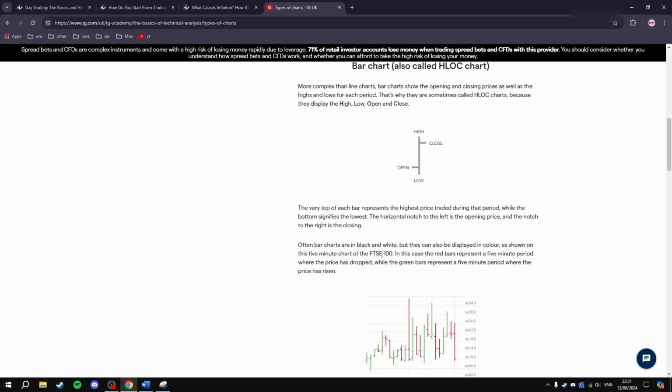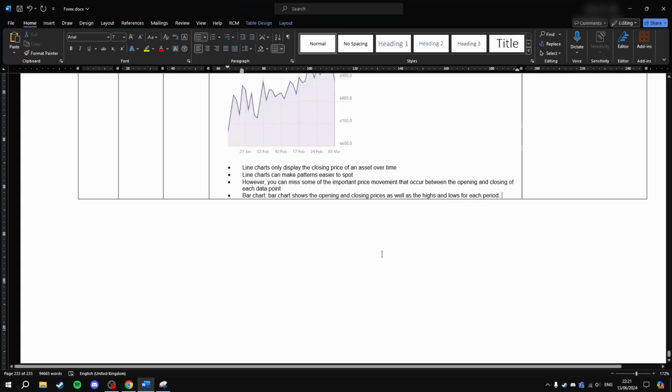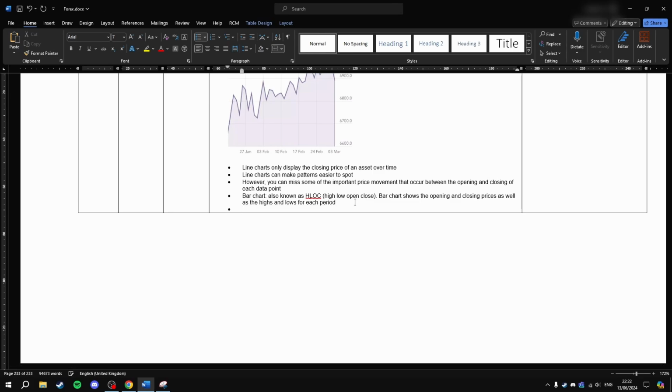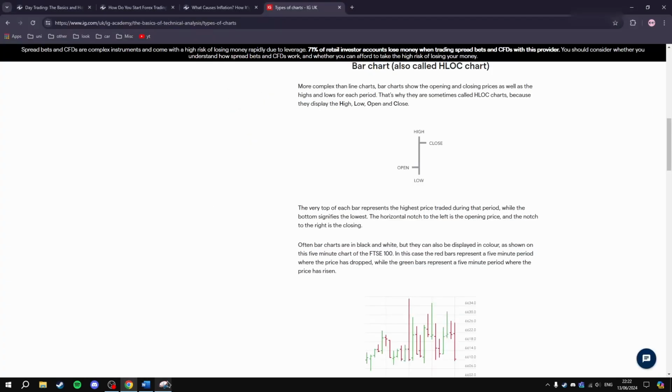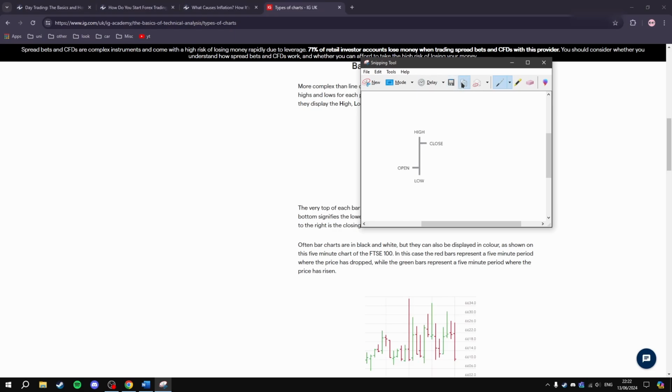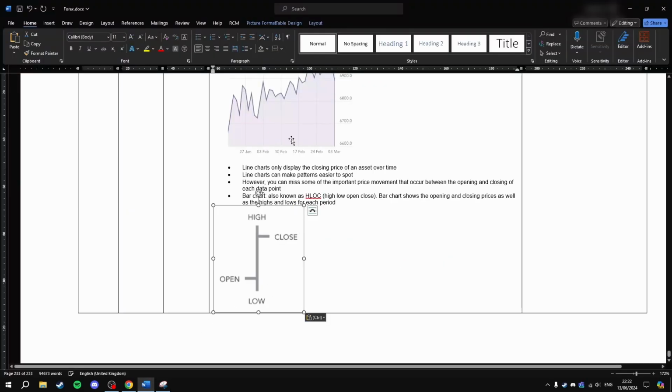That's why they're sometimes called HLOC: high, low, open, close, because they display the high, low, open, close.